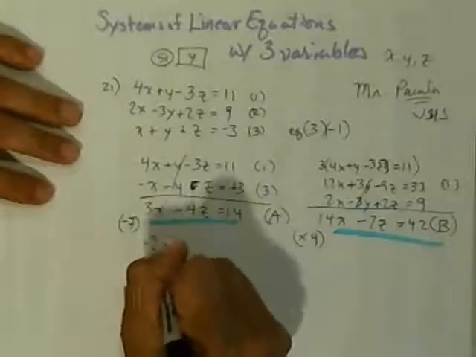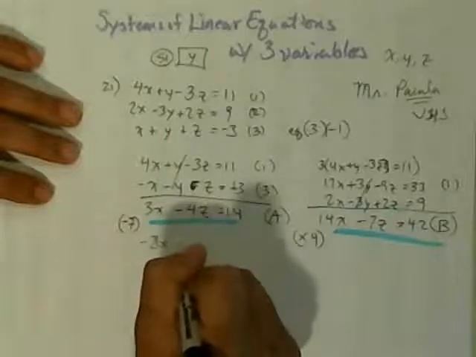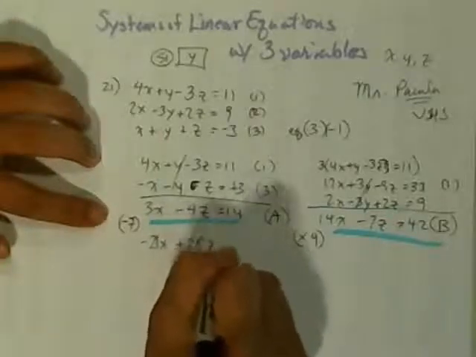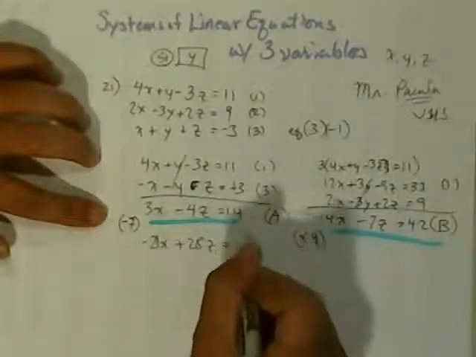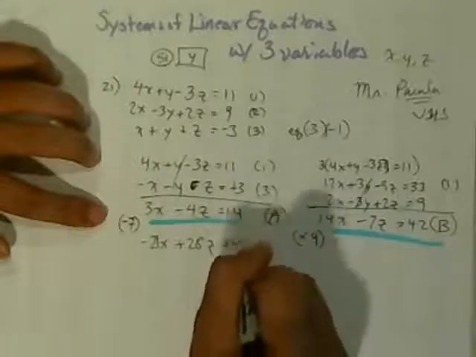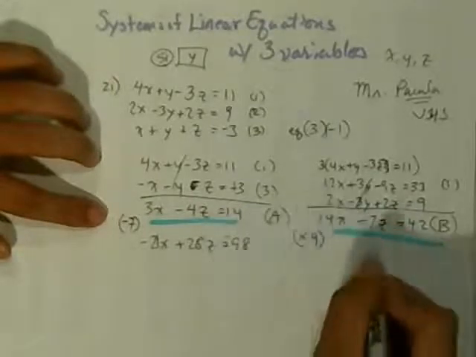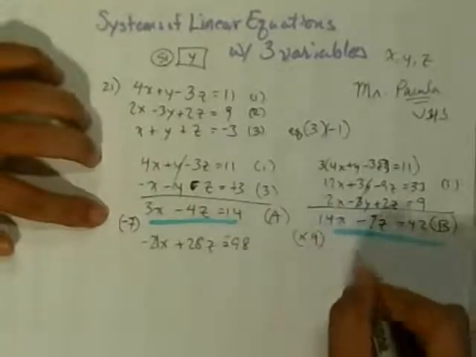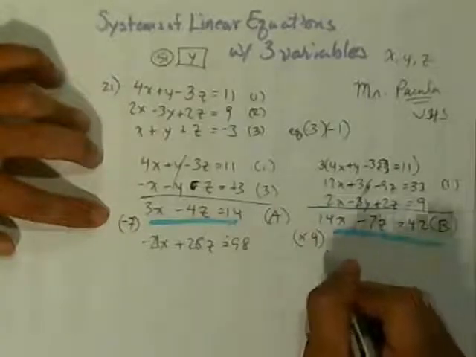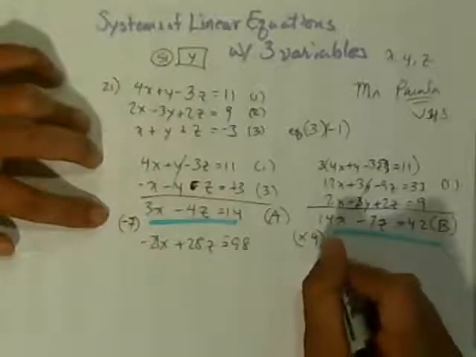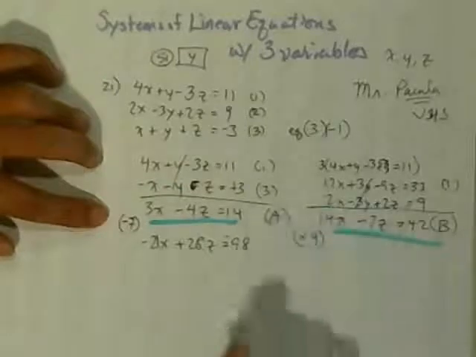Negative 21x plus 28z is equal to 7 times 14, that's 98. Negative. Now the second equation, multiply this by 4. 4 times 14 is 56.